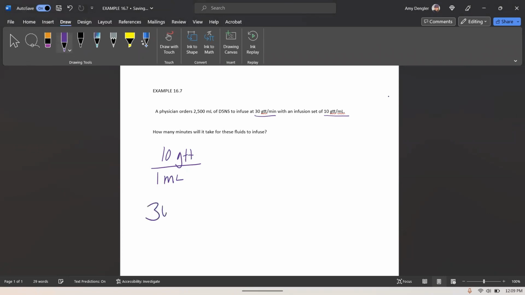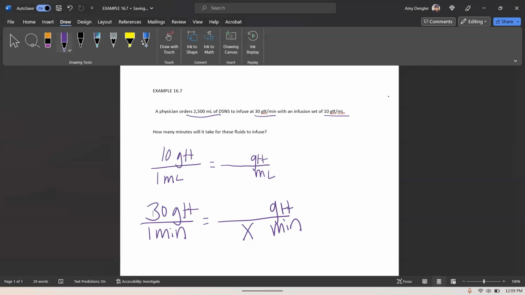And the second one, I'm going to do 30 drops per minute. I'm going to put in all my units. The question is asking me how many minutes, so I know that's going to be my X. Up here on top, I need milliliters, so that's going to be my 2,500 milliliters.